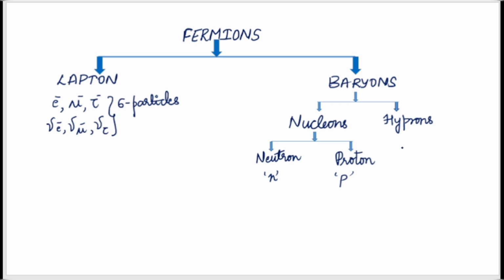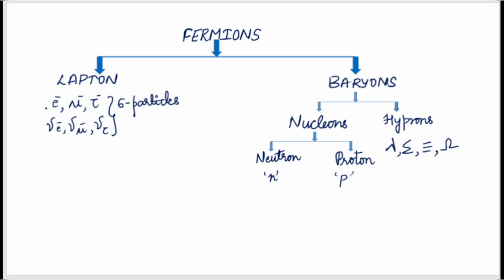Under hyperons we have four particles, that is sigma, lambda, cascade, and omega. Everyone got to know how the fermions are divided.